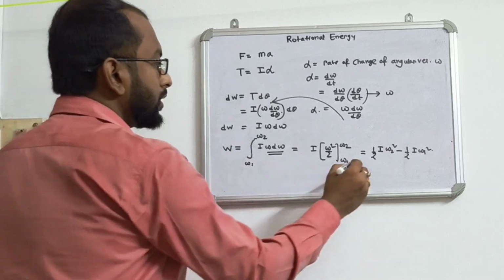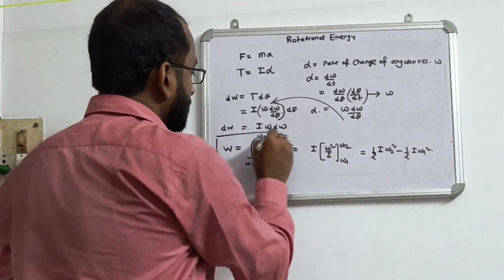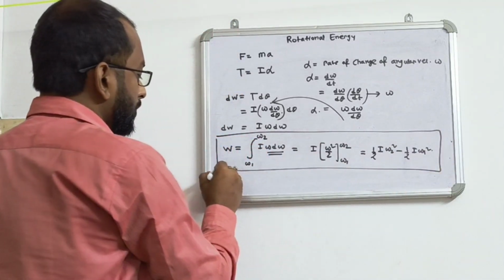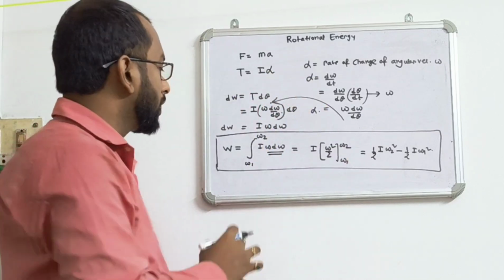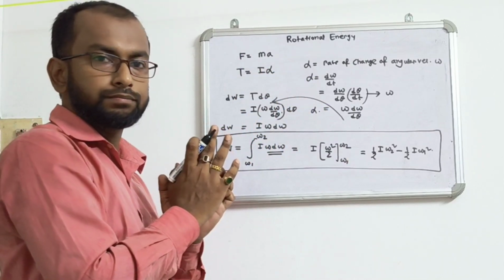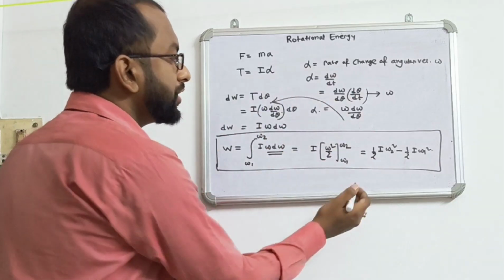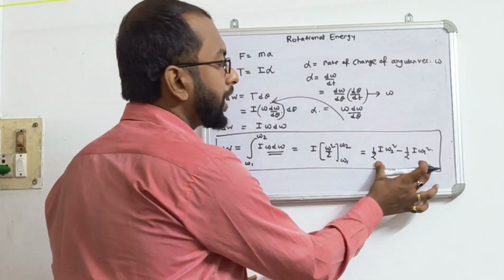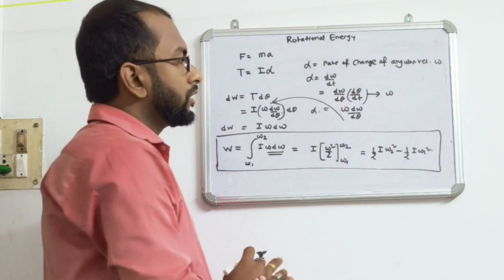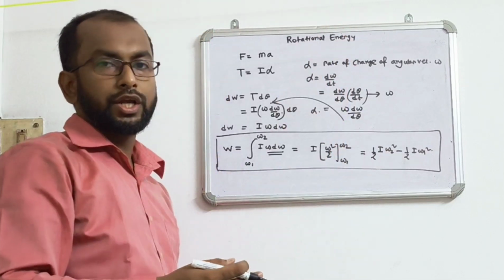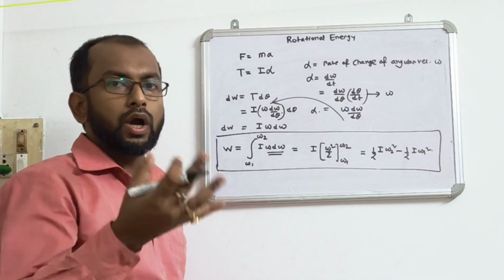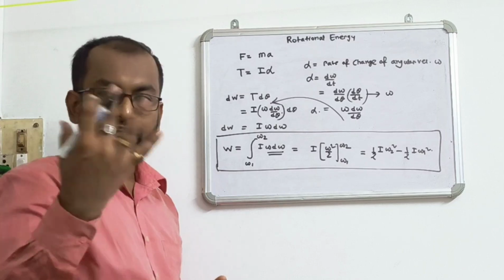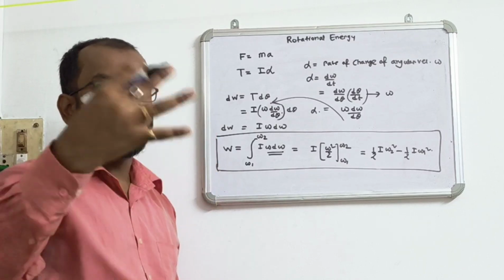Now see, this is the work energy theorem in the case of rotational motion. Net work done will change its rotational kinetic energy. In the case of work energy theorem in translational motion, we have seen that net work done will change the kinetic energy of the particular body.